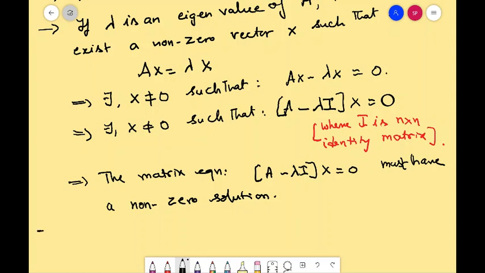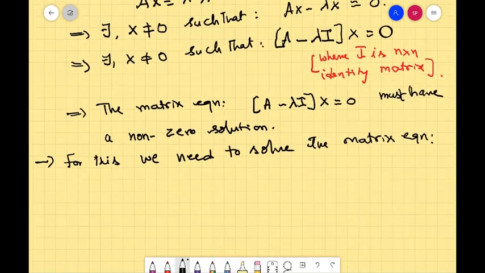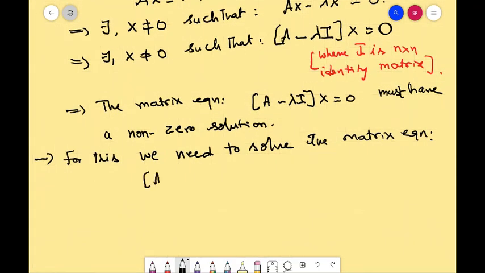So what do you do in the next step? For this we need to solve the matrix equation (A minus lambda I) into x is equal to 0.